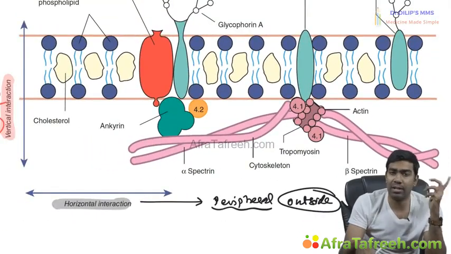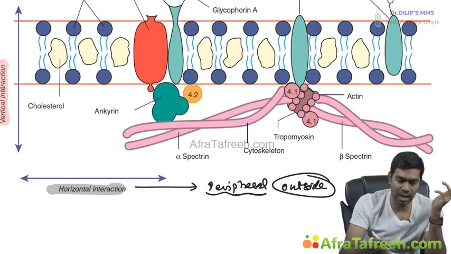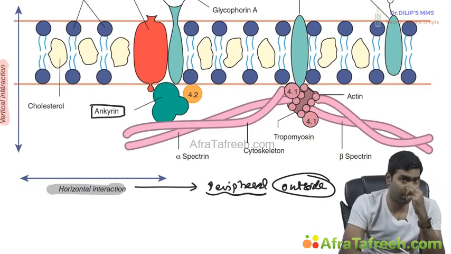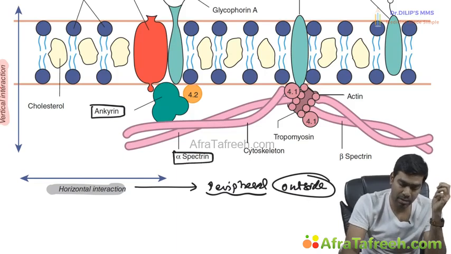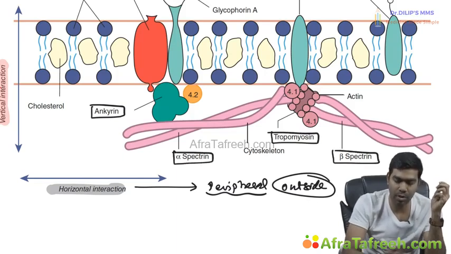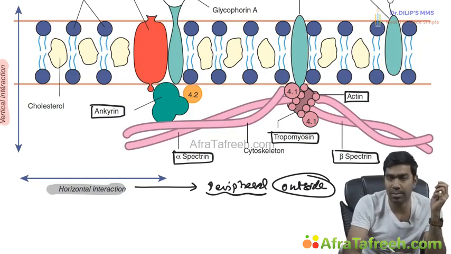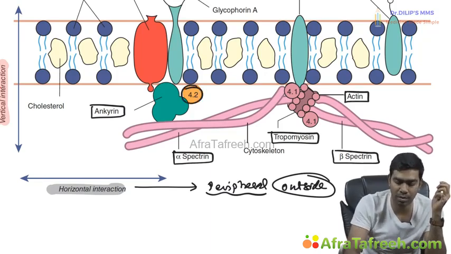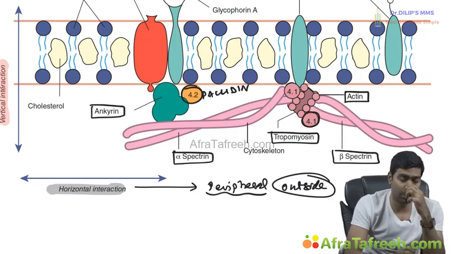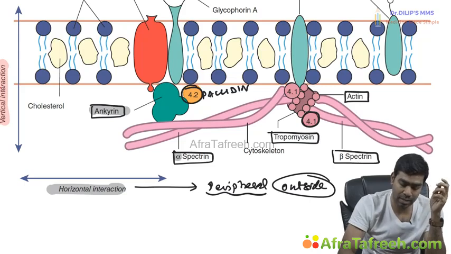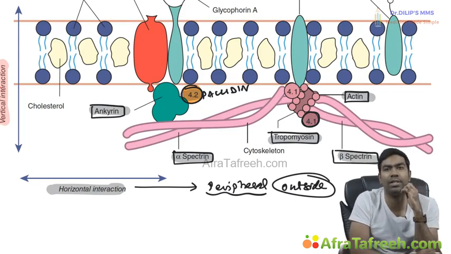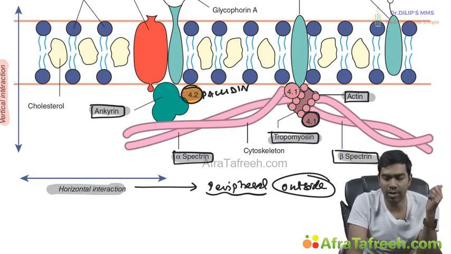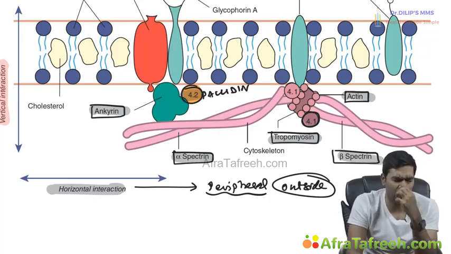Among the peripheral proteins in RBC, ankyrin, spectrin, tropomyosin, actin, band 4.2, otherwise referred to as pallidin, and band 4.1 are all peripheral proteins, which are located outside the cell membrane.